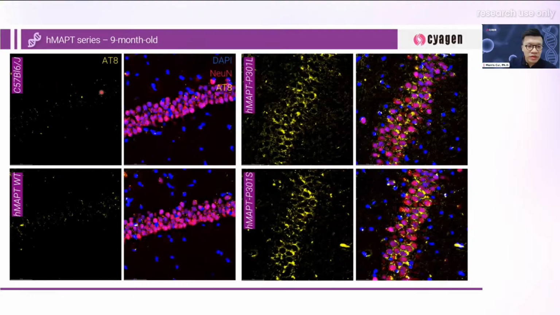As shown here, we could not detect AT8 in the black 6 brain, as expected. We also didn't detect AT8 in the HUGO wild type, also as expected because there was no pathological behavior in those strains. But we detected strong aggregated AT8 signal in the brains of P301L and P301S, corroborating their behavior pathology.